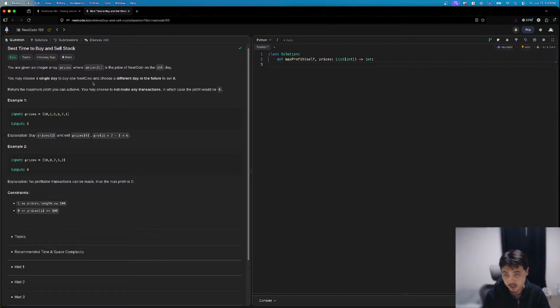So you are given an integer array prices. This is the price of NeetCode on the i-th day. You may choose a single day.